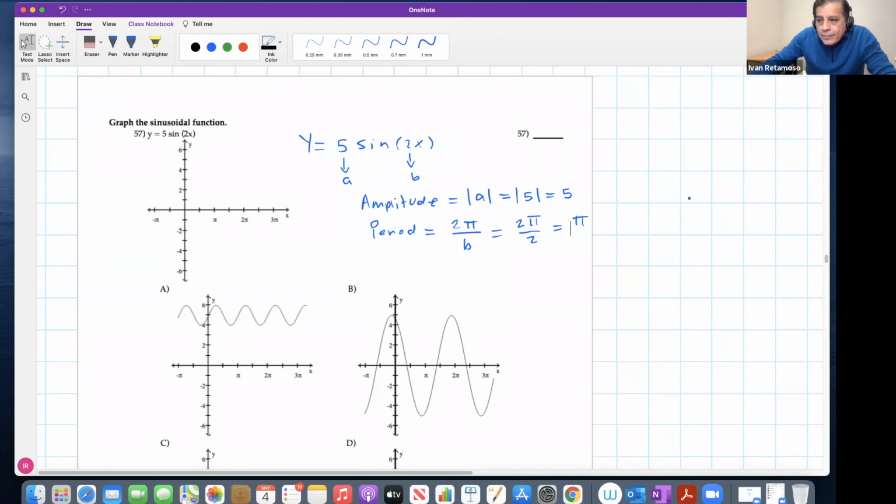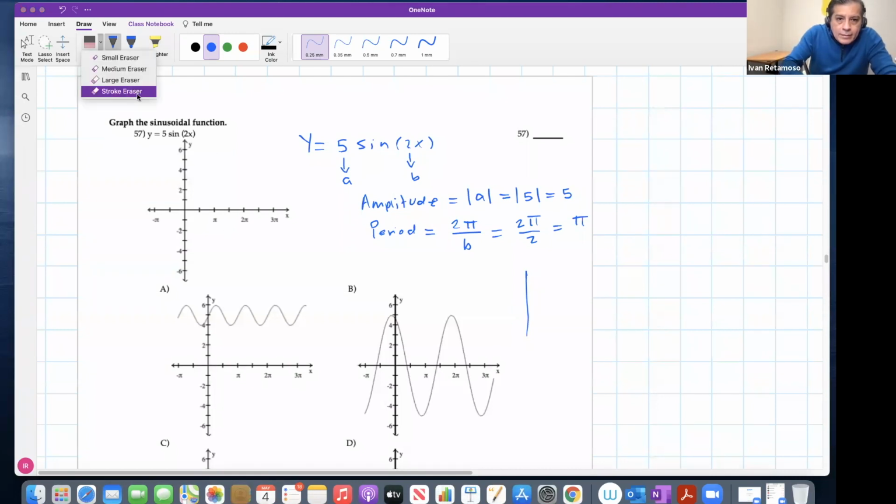So if you graph it, you start with this. We have, you say, up by 5 is the maximum right here. I will go up to here, and the minimum, minus 5, I will go down to here.